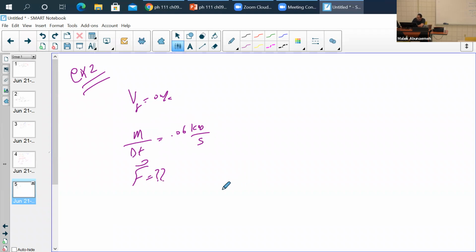Now you know again with your impulse, which is your F delta T, we said it was going to be the difference of momentum. So it's going to be your delta momentum, which is your momentum final minus your momentum initial, which is your MV final minus MV initial.